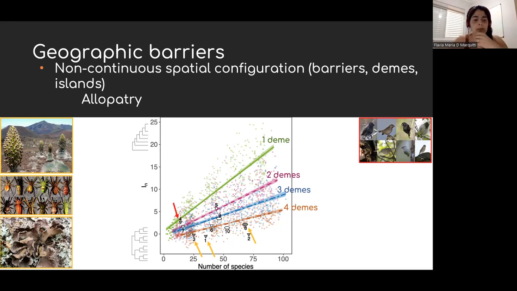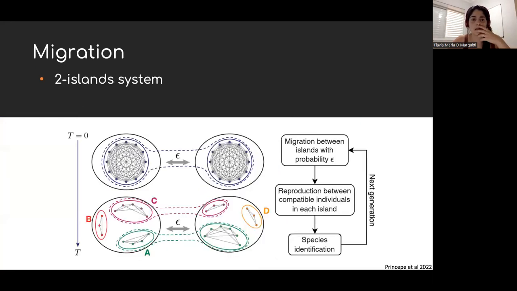And maybe these birds see the different islands as one space. Because of this, we also wanted to understand how migration could affect the speciation process, how migration can explain some things.